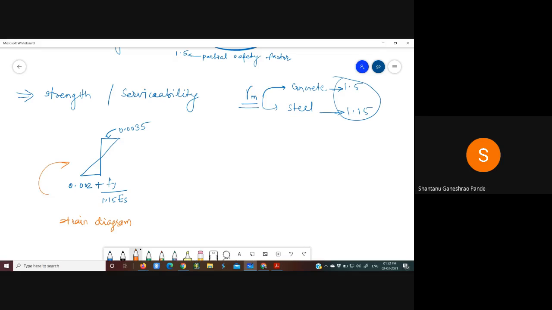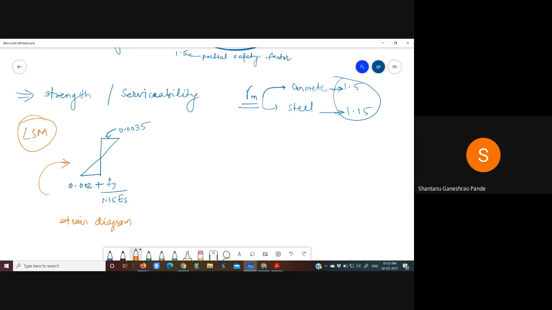This strain diagram most of the time you will be using for analysis and design purpose hereafter, because practically you will be using the LSM approach only. Wherever you are using the LSM approach, this particular strain diagram is highly essential. If you are likely to appear for any competitive exam, subjective type, therein this strain diagram is highly essential.